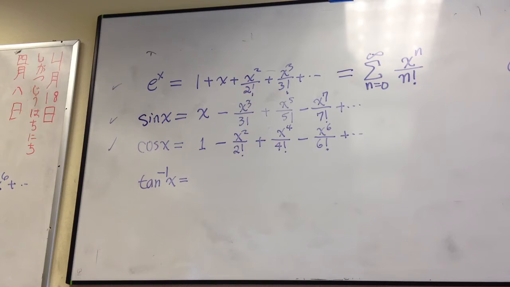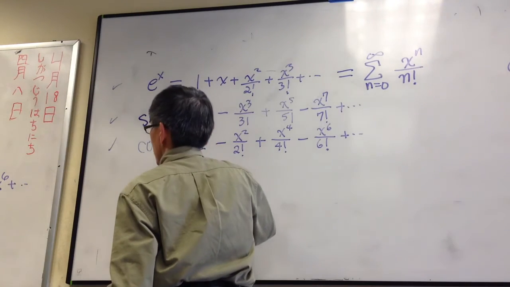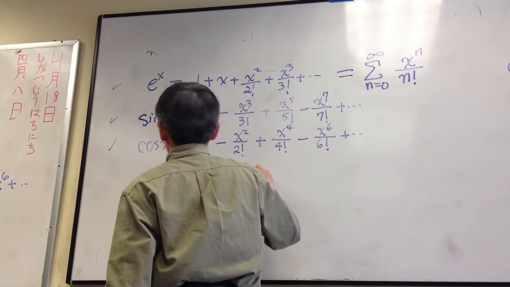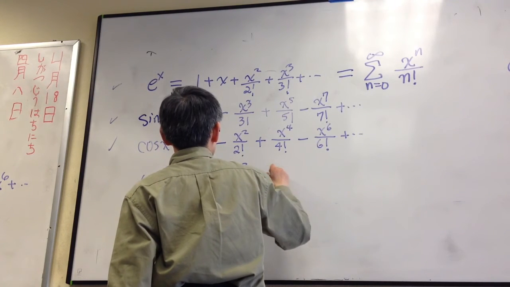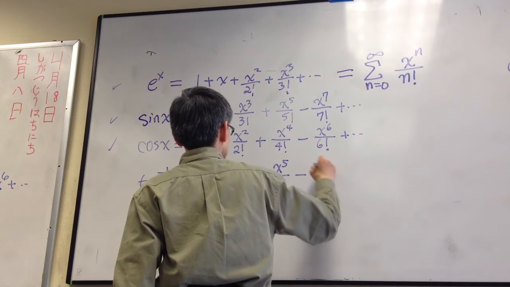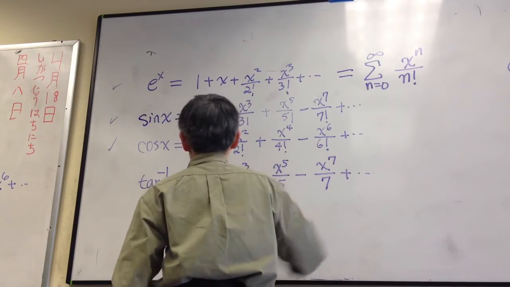And so if then you take the derivative back, right? Because that guy you take the derivative here, then you integrate it back, then you'll get back that one. And then the big theorem in the last section is that you can do it term by term, right? And so if I do it term by term, the first one becomes x. Next one is x cubed over 3. Next one is plus x to the 5th power over 5 minus x to the 7th power over 7 plus dot dot dot.